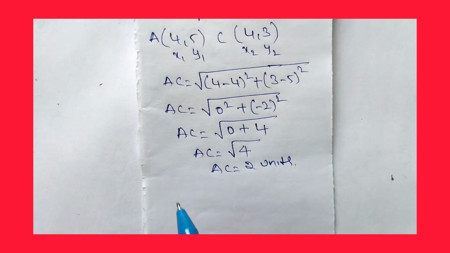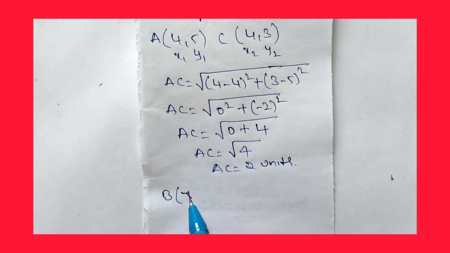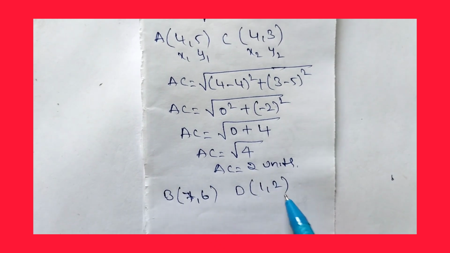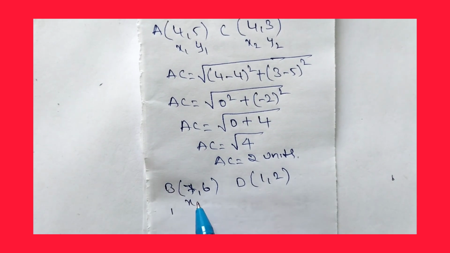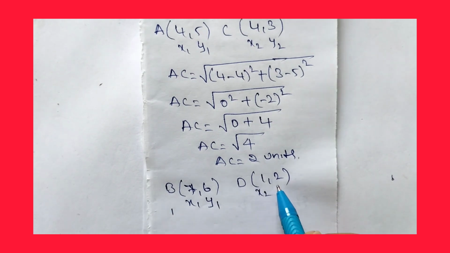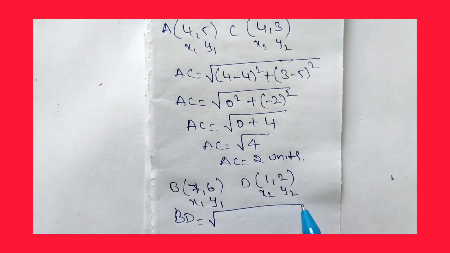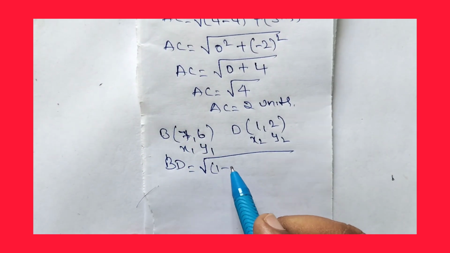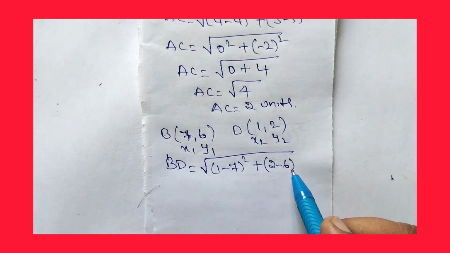Now let us find the diagonal BD. The coordinates of B are given as (7, 6) and D is given as (1, 2). This is x1 y1 and x2 y2. Using the distance formula, find the distance between B and D. That is equal to square root of (1 minus 7) whole square plus (2 minus 6) whole square.